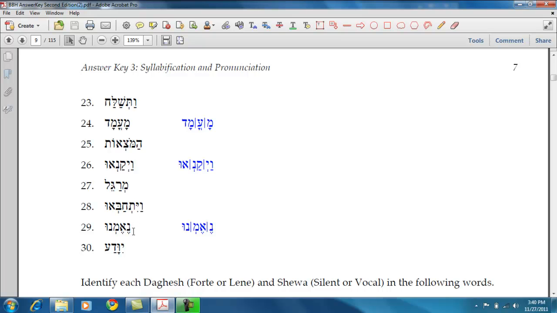Number 29, we have the nun. We go ne'emnu. And so it breaks down this way: the nun and the segol, the aleph segol with the mem and the non-vocal shva. Remember, segol is a short vowel, and the next syllable is nun and shuruk.